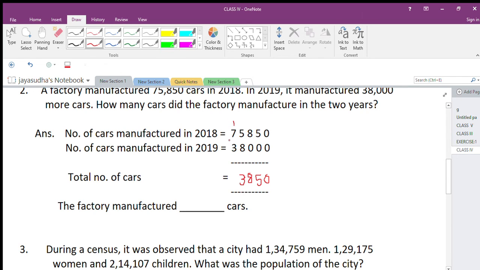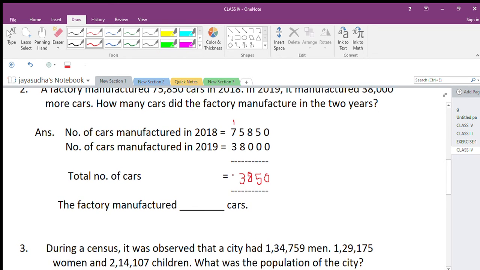Then 3 plus 7 what? 10. 3 plus 7 is 10. The carry over 1 is included. 10 plus 1 is 11. So you have to write 11. There is no other column, so you have to write the 11 here. So total number of cars what? 1,13,850. What is that?